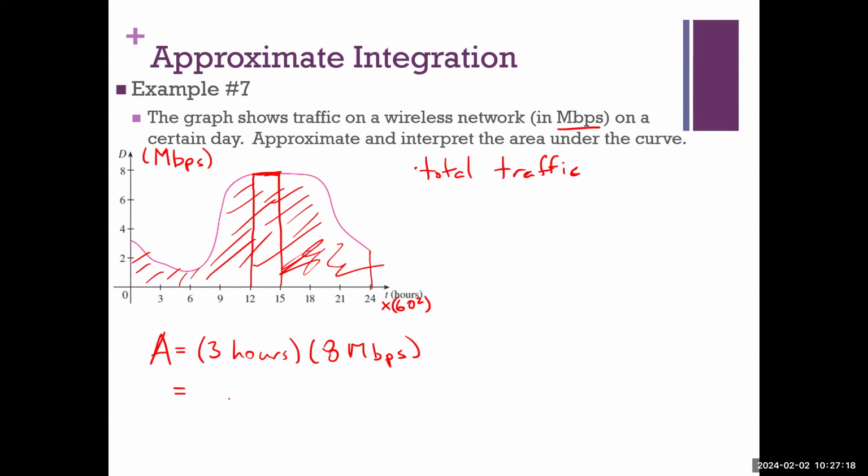Something we did decide is we're not going to say 3 hours. We're going to say the number of seconds. So 10,800 seconds times 8 megabits per second, which comes out to 86,400. 86,400 what?